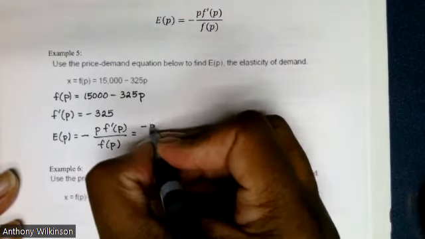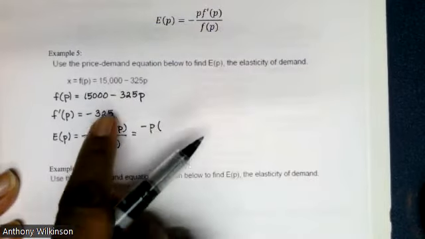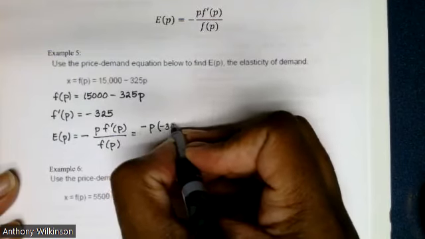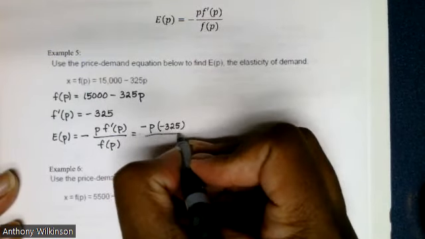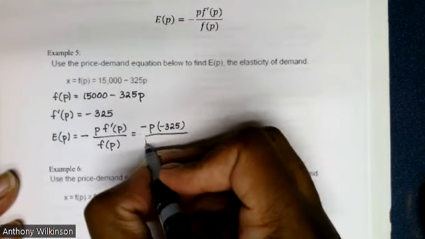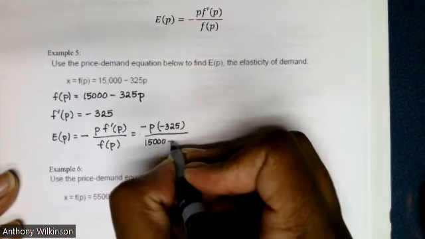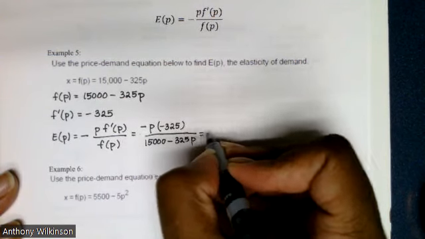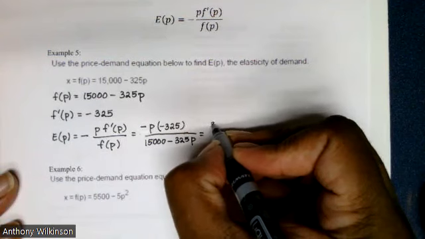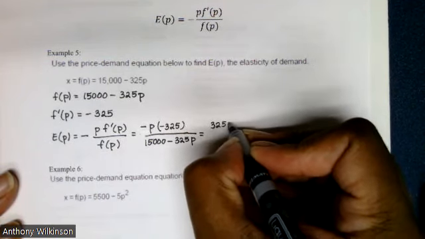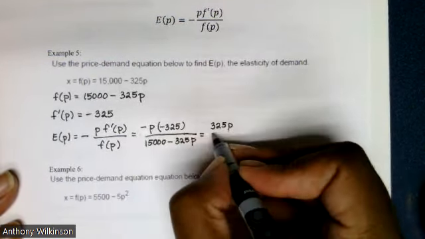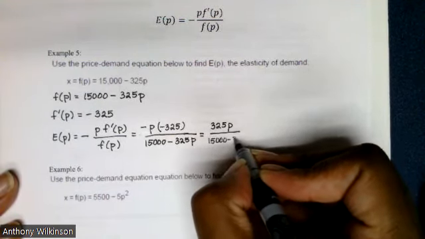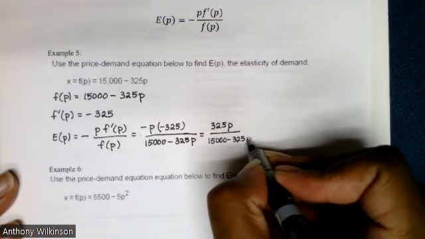So negative p times f prime of p, which was negative 325, divided by f of p, which is 15,000 minus 325p. So this will end up being positive 325p when I multiply those two, divided by 15,000 minus 325p.